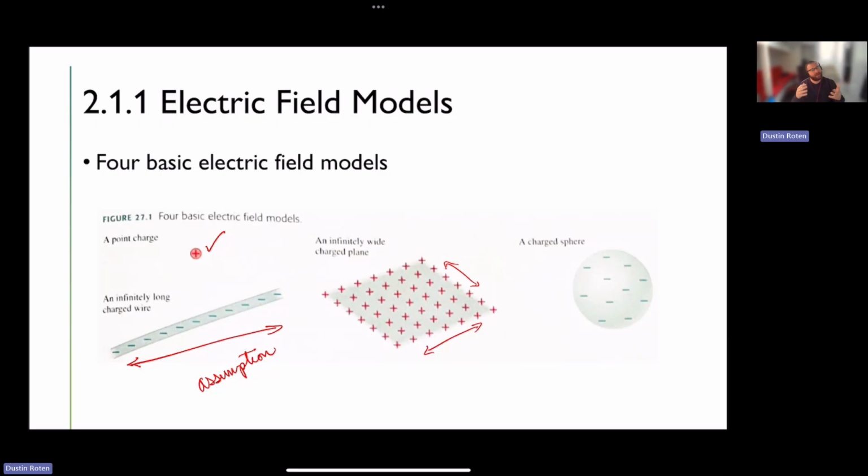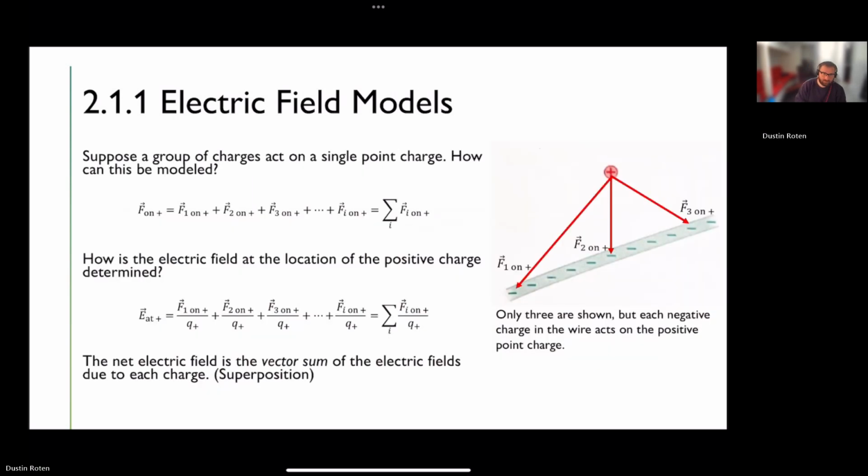If you start backing up, then it gets more complicated. And then, of course, we can have a charged sphere, so essentially a point charge, but larger with a charge distributed around its surface. Okay.